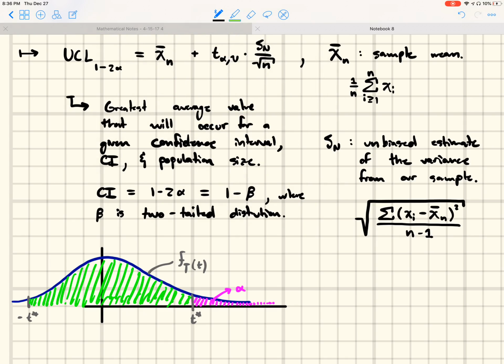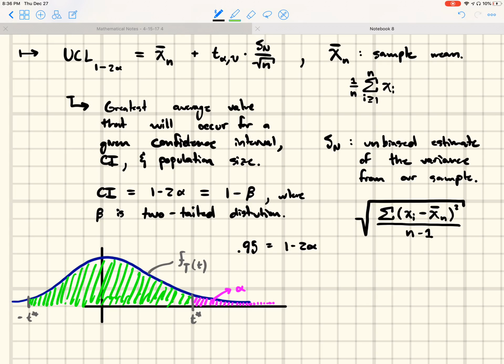So if I wanted to be 95% confident that my sample mean is indicative of the true mean, then my eta simply comes from this equation, right?